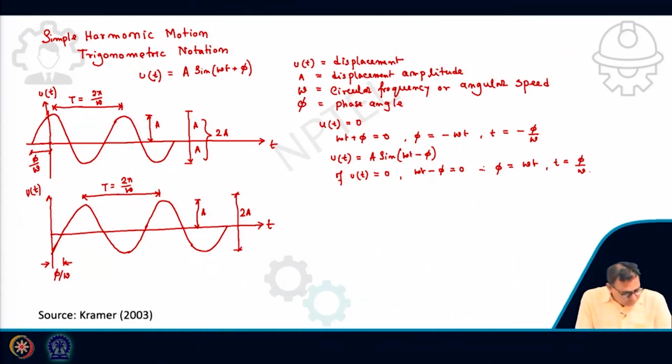So this is t and this one is u(t). Okay, so that means here we have two phi values.